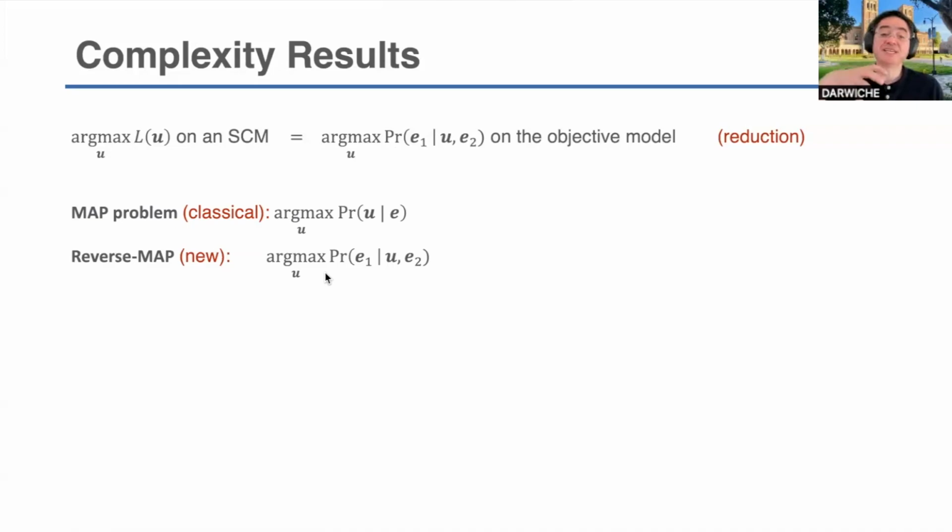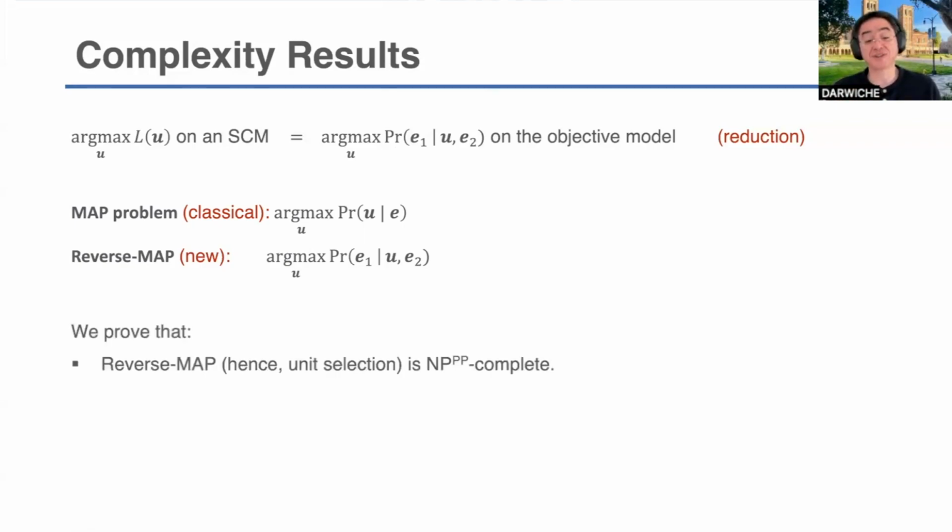So what we did is reduce the optimization of causal objective functions to the optimization of reverse MAP, which is an associational quantity. The key thing is we showed that this is also NP^PP-complete, the same complexity class as MAP. So even though it looks different, it's equally difficult for these particular objective functions because we're working with a specific class.